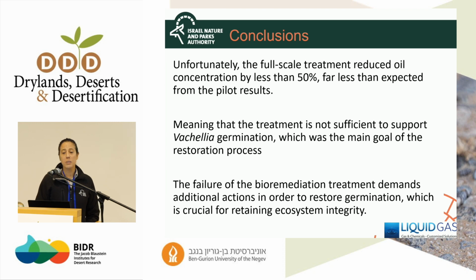And from our germination tests, we know that even 5% might be a problem, meaning that we haven't solved the issue in Hebron. We haven't restored the germination of the acacia trees, which was the main function we were trying to reinstall.